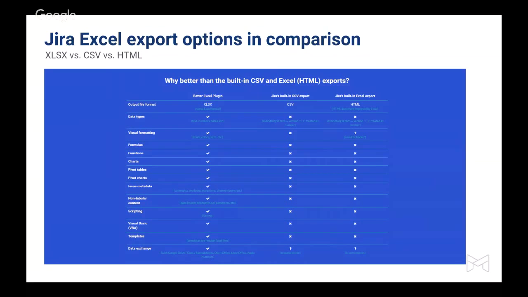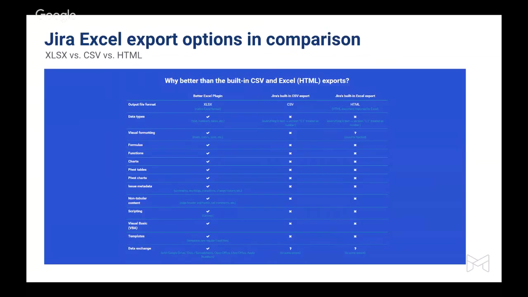And I want to mention another kind of advantage that comes from the ability of scripting. Not only can you run Visual Basic scripts when the output file is opened in Excel, but Better Excel lets you execute custom logic during the export with custom Groovy scripts. These can process data, collect data from additional sources like external databases or APIs, for example.